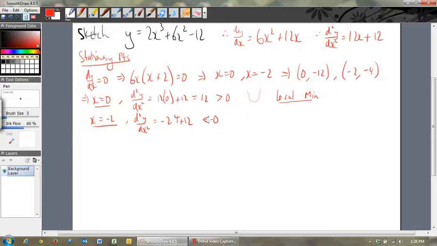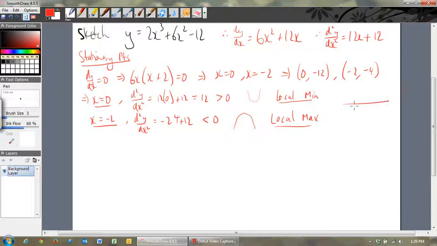And what that means is that the gradient is getting smaller and smaller. So it's big, and it's becoming smaller and smaller, it gets to 0, keeps getting smaller and smaller like that. What that's going to be is a local maximum. Okay, so when the second derivative is less than 0, you get a local maximum. When it's greater than 0, you get a local minimum. Okay, so that's a very useful part.